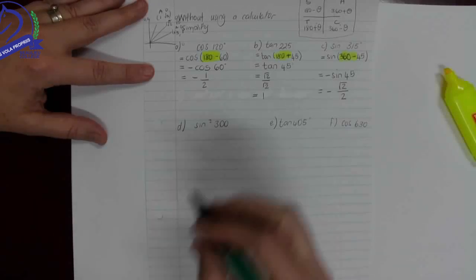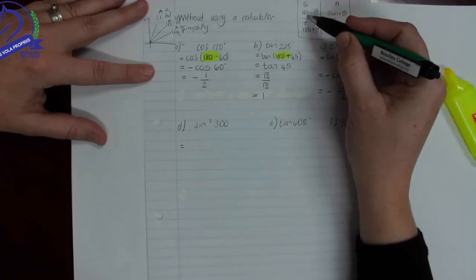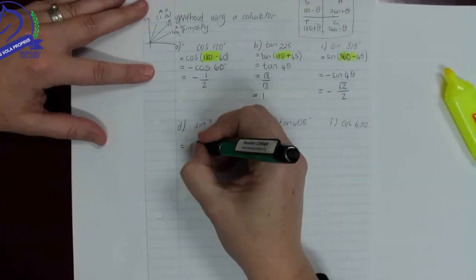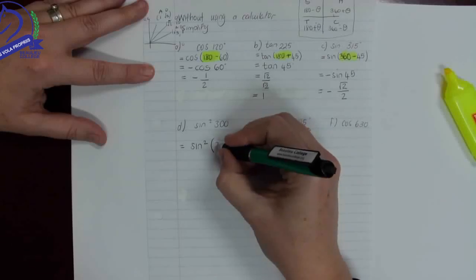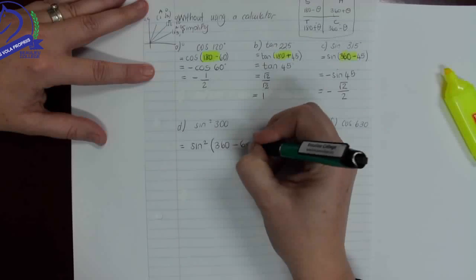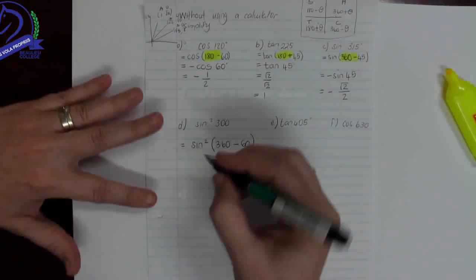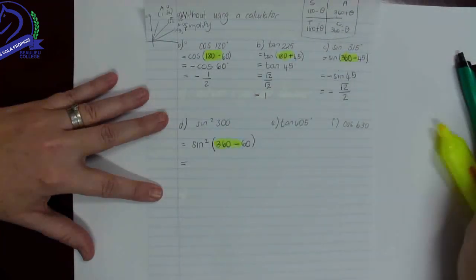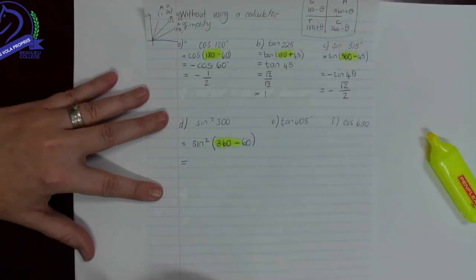Okay, number D, 300. So 0, 90, 180, 270, I'm in the fourth quadrant. Okay, so sine squared, I have 360 minus, how do I get 300? I subtract 60. Okay, what do I know about 360 minus and sine? Here's my question to you.